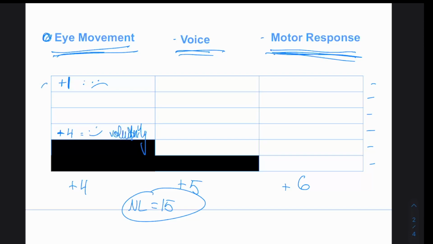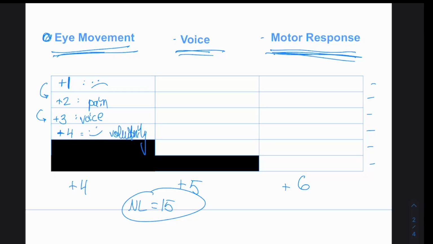Now let's go down the line. So if +1 means that you're not opening your eyes at all, a +2 means that you are opening your eyes, but you're only opening it to pain. So things like sternal rub, pinching, those types of sensations will lead to a patient opening their eyes. Now, the next component, what's even better, is if you are able to open your eyes to voice.